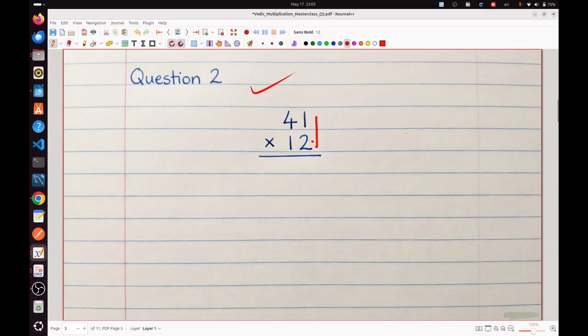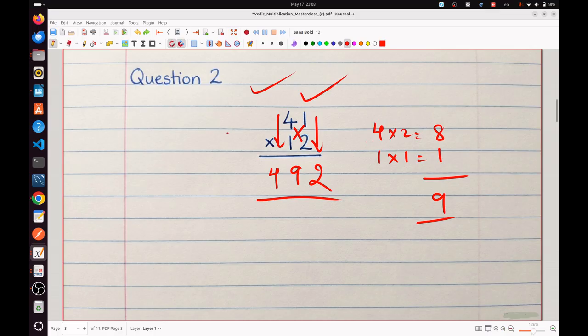Let's take this example: 1 cross 2. What do we get? 2, right? Next, 4 cross 2 is 8. Next, 1 cross 1 is 1. 8 plus 1 is 9, so this 9 you keep in the middle. The last step is 4 cross 1, that is 4. See, you can calculate much faster, like 41 cross 12.